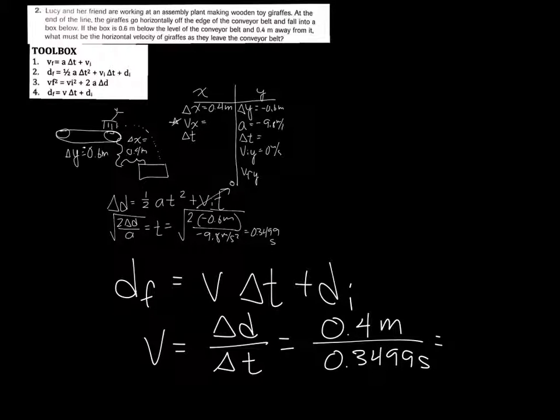My velocity equals 1.14 meters per second. The correct answer should actually only have 1 sig fig because both 0.6 and 0.4 only have 1 sig fig, so that's technically 1 meter per second.